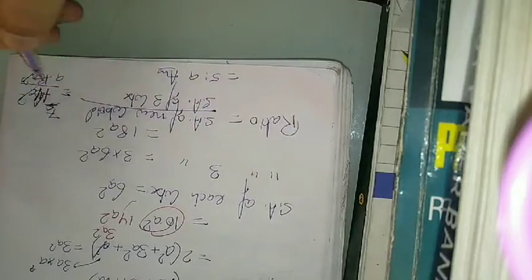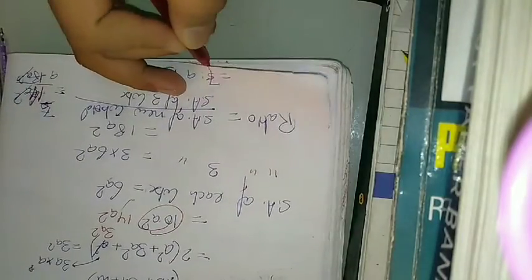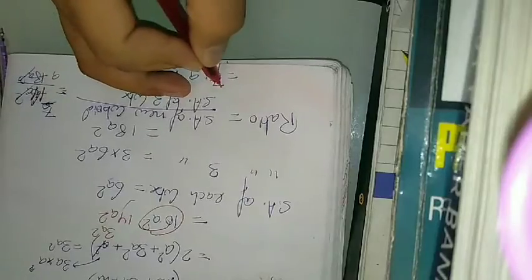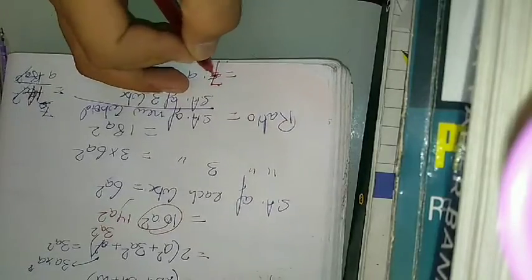So this will become 14a square, and this is 18a square as usual. Nothing changes. This is 2 7s are 14 and 2 9s are 18. So this is 7:9. Just be careful while you're multiplying.